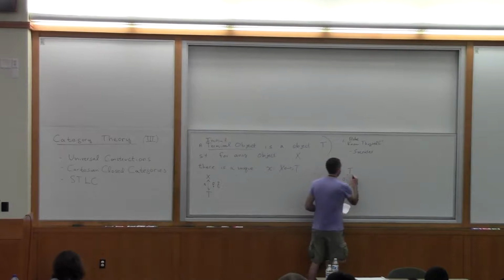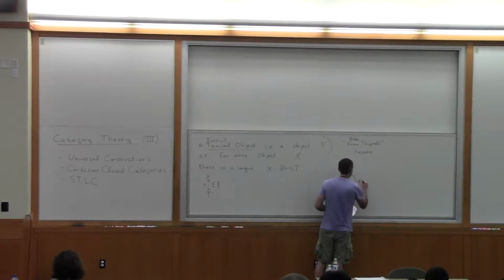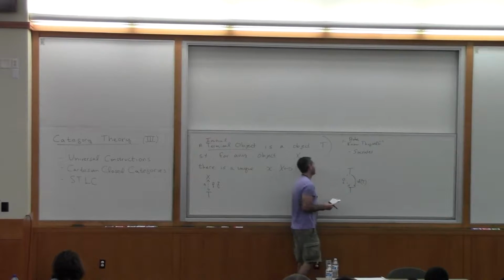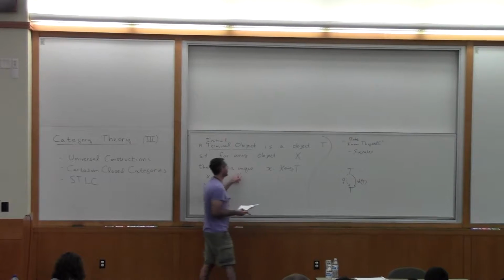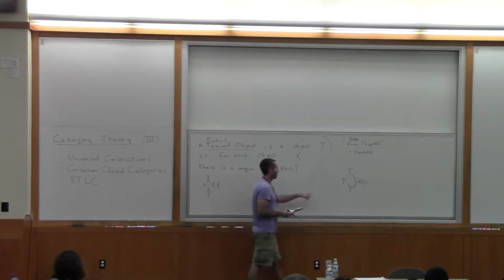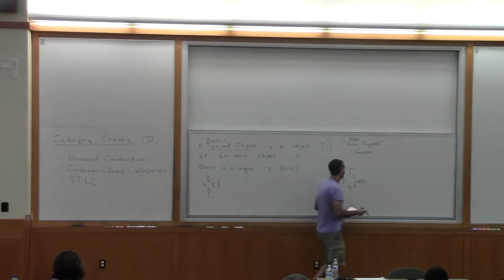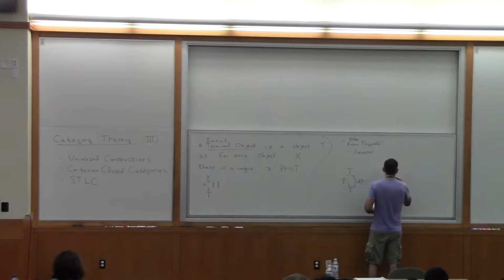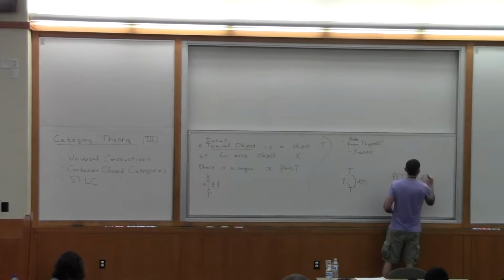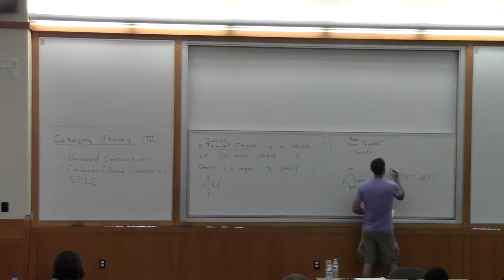The identity, right? Because this is unique, we know that these two maps are equal, right? So we just discovered that the bang map applied to a terminal object is just the identity map on that terminal object. And I'll call this the principle of identity expansion.